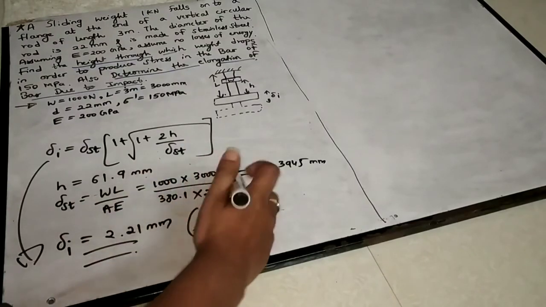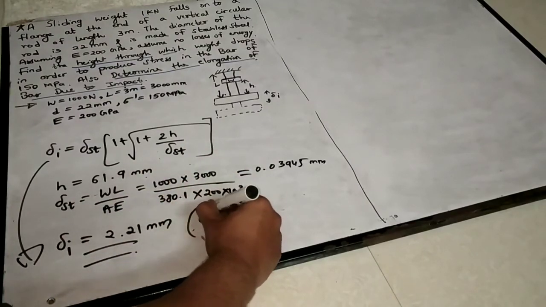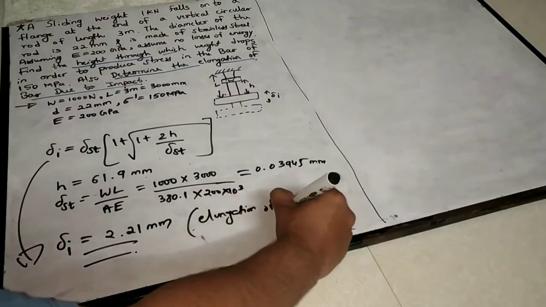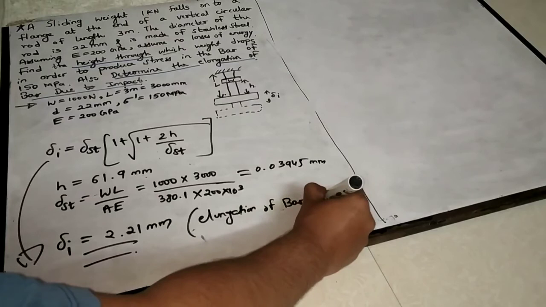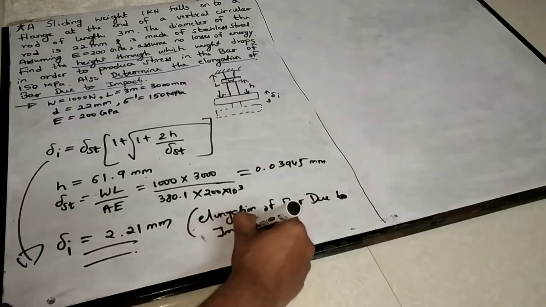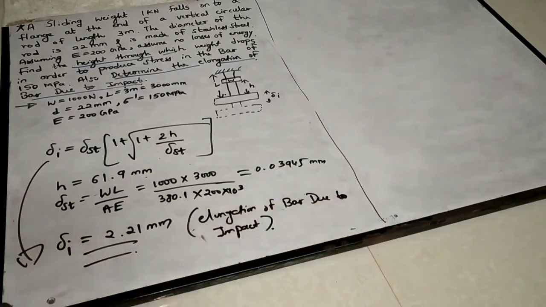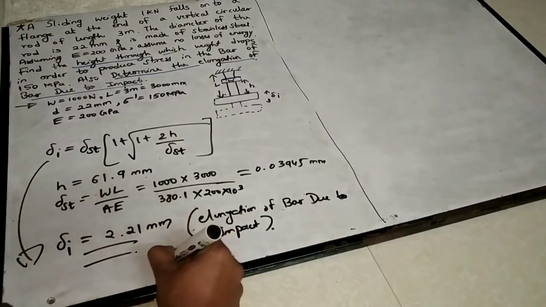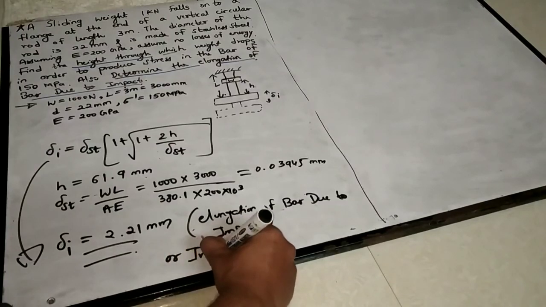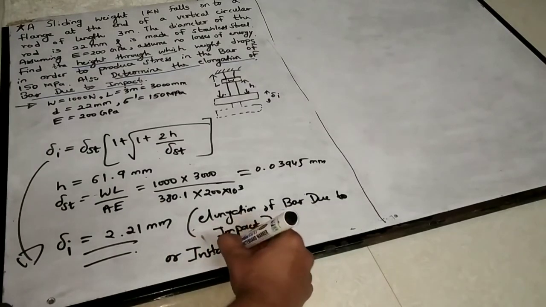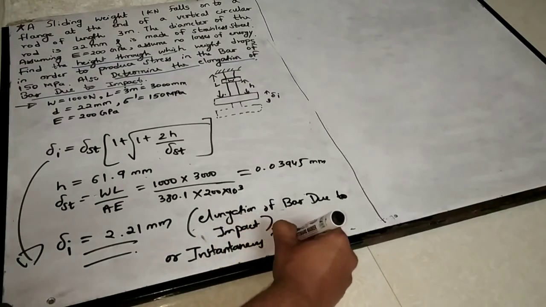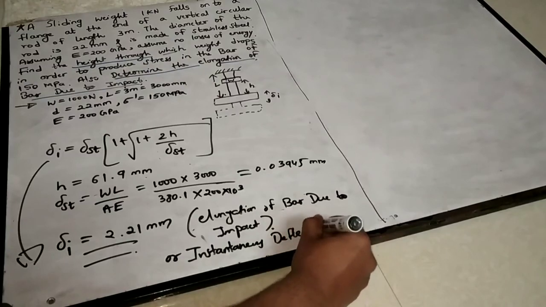Okay, this is the elongation of a bar due to impact, right? Or it is also called instantaneous deflection. Instantaneous deflection.